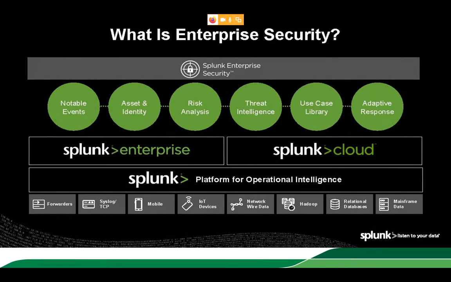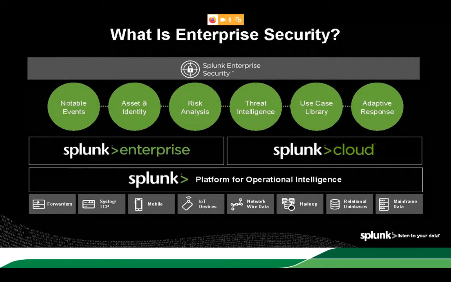This is the framework around enterprise security. You could see there are six frameworks, which is a very strong framework around this enterprise security platform. First is notable events. We generally call it the correlated events.